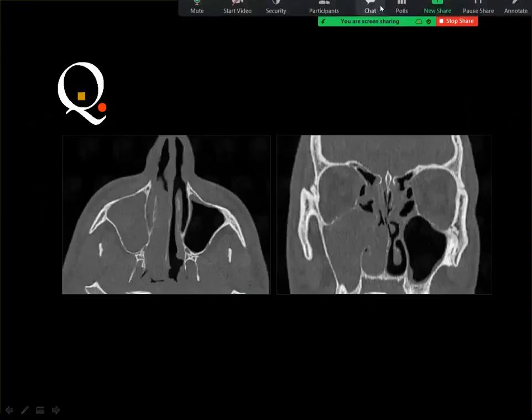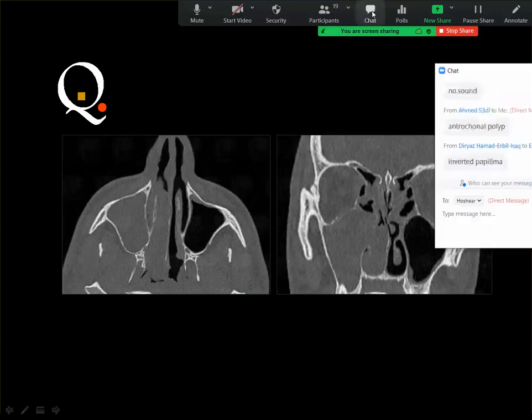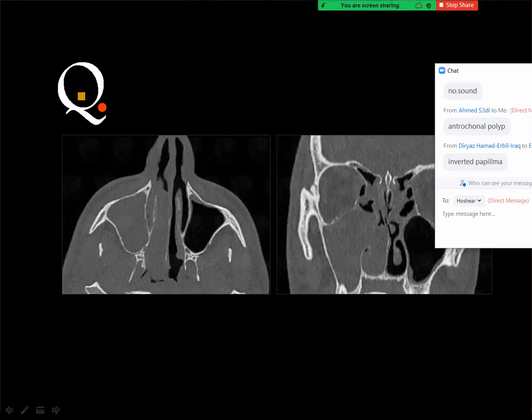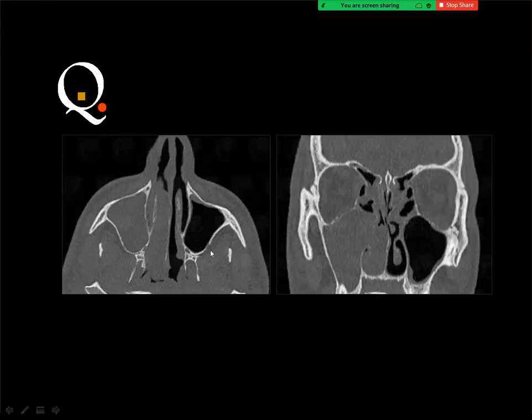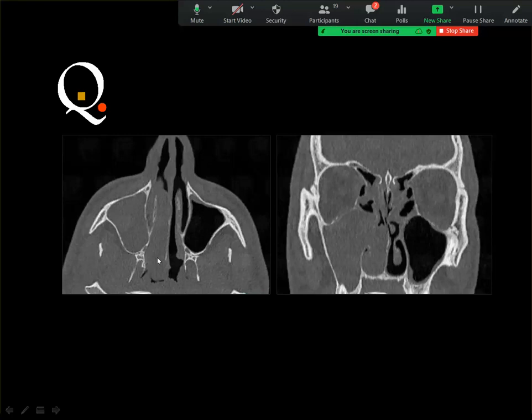And the next case is a maxillary sinus with an opacification. Yes, and this is inverted papilloma. Antrochoanal polyp is right, but inverted papilloma is not, because in inverted papilloma you should see that the nose is expanded but the sinus is not.